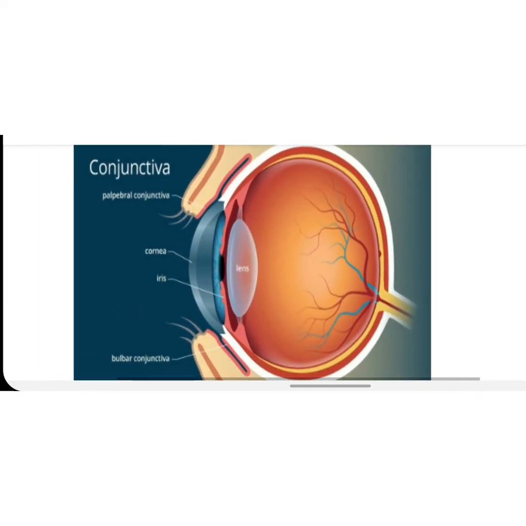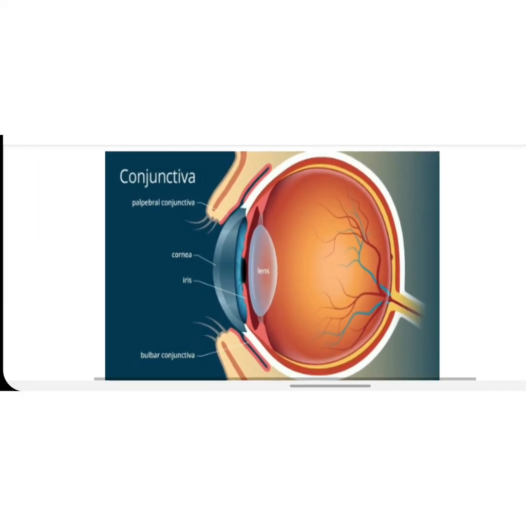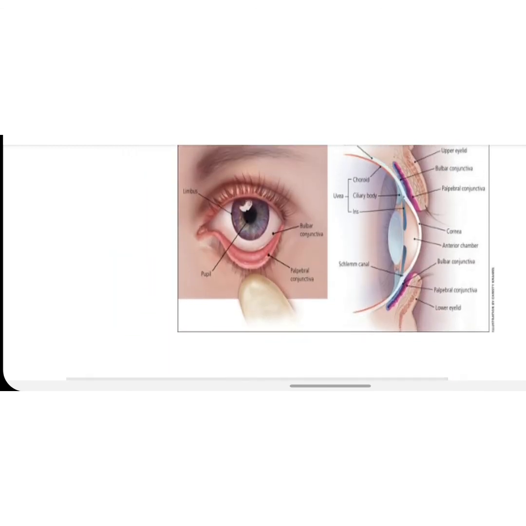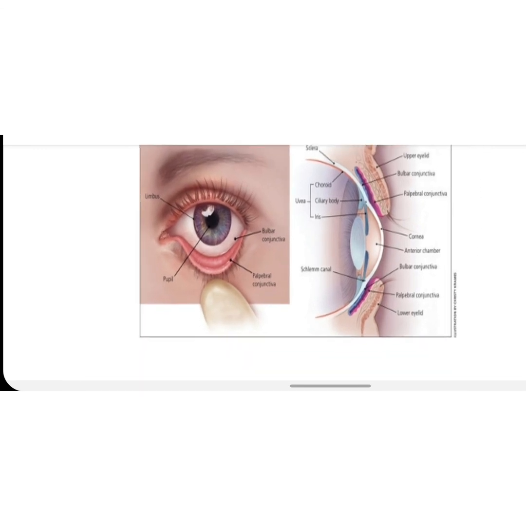In this video we can see the conjunctiva more clearly. The inner part of the eyelid is our palpebral conjunctiva, and what lines the sclera is our bulbar conjunctiva. The conjunctiva is mainly a translucent mucous membrane.